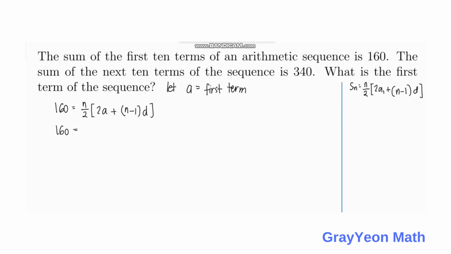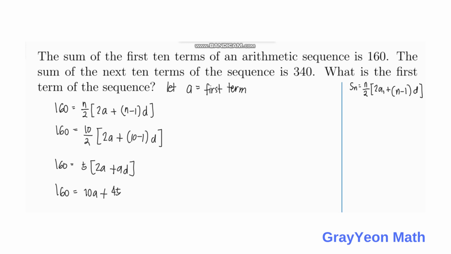The number of terms n is 10, so 10/2 times (2a + (10 - 1)d), where 10 - 1 is 9. Simplifying, 160 = 5 times (2a + 9d), so 160 = 10a + 45d.